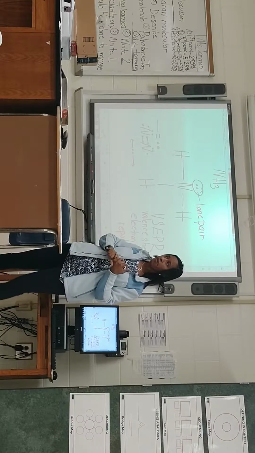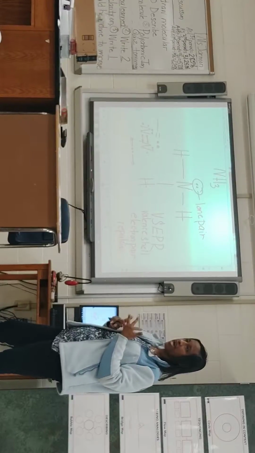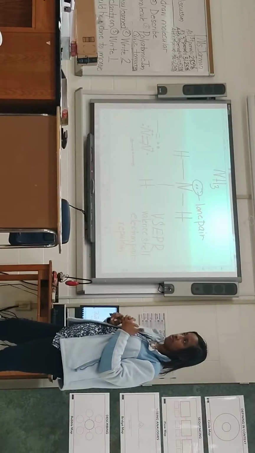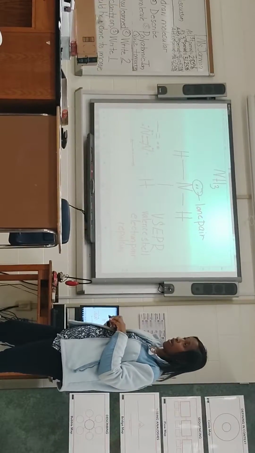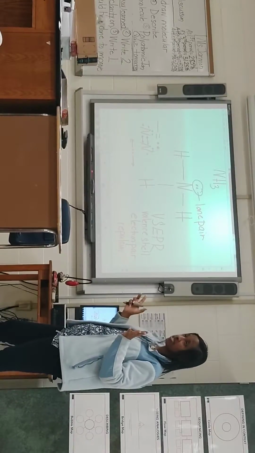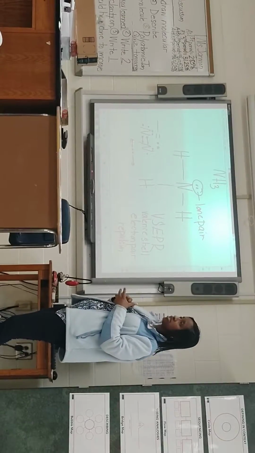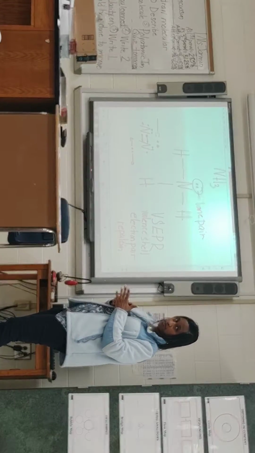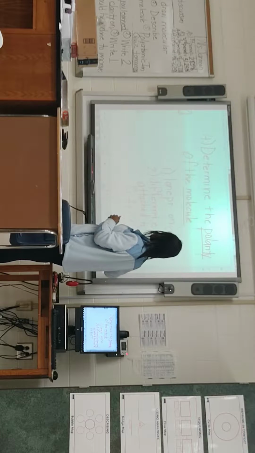If you have a lone pair, or if you have different elements attached to the central atom, then your molecule will be polar. If you do not have a lone pair, they're just all straight bonds, or if you do not have different atoms attached to the central element, then it will be non-polar. Okay, so that's how you determine the polarity of the molecule.